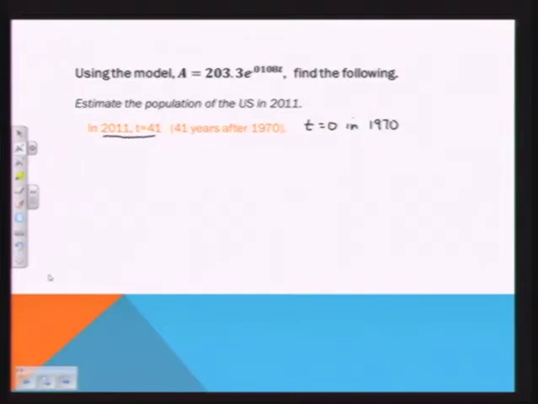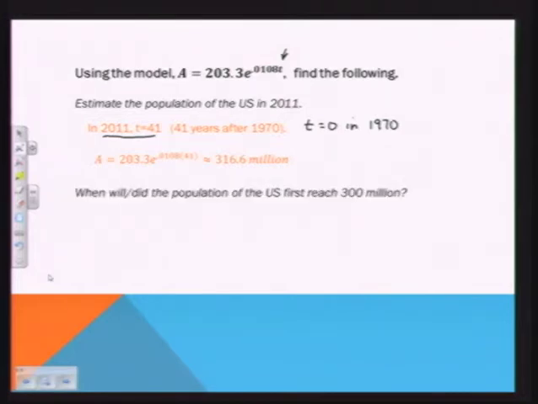And so consequently, all we need to do at this point is put 41 in place of t up here in our model, and put that in our calculators, and we'll find that the estimated population for the United States in 2011, according to our model, is 316.6 million people. Well, we can use that also, as we said earlier, to find some significant times when our population has reached significant figures.